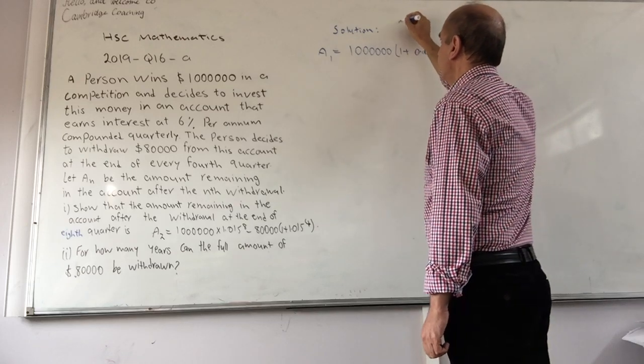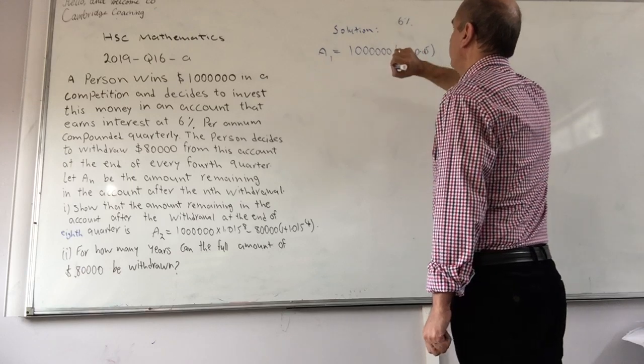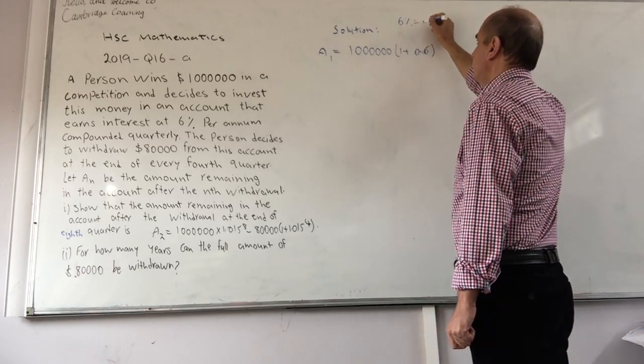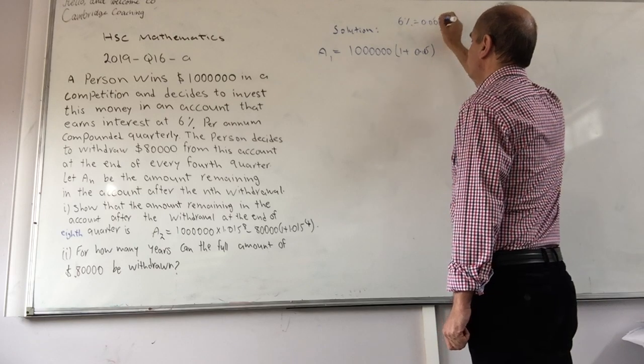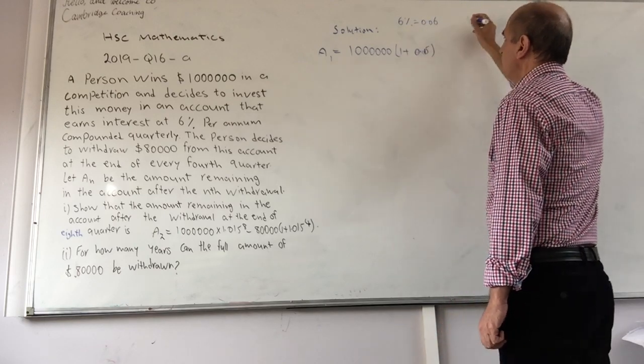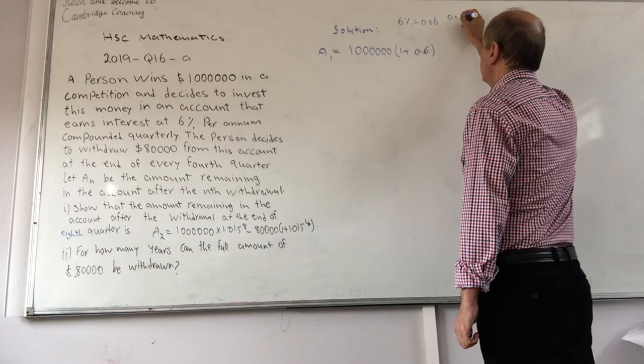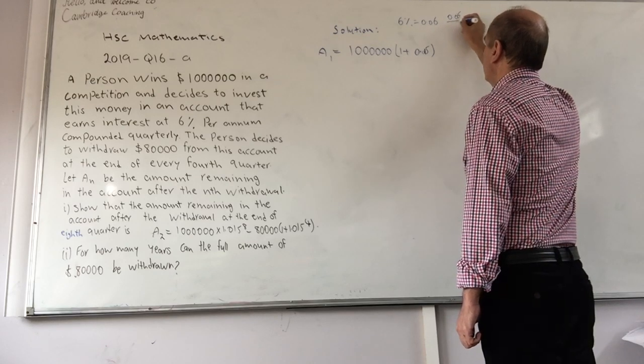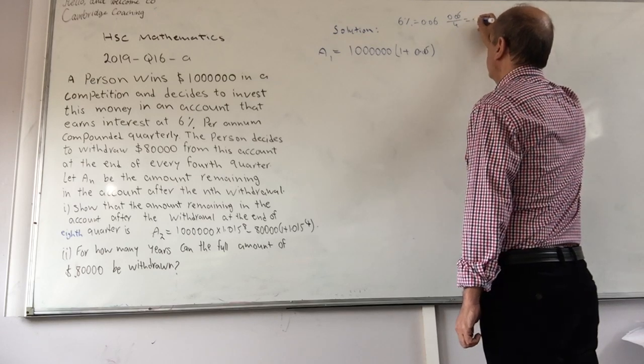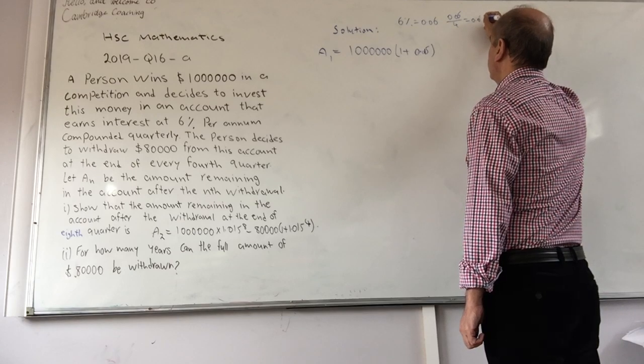Because 6% per annum can be written as 0.06, but because it's compounded quarterly, we divide it by 4, and that gives us 0.015.